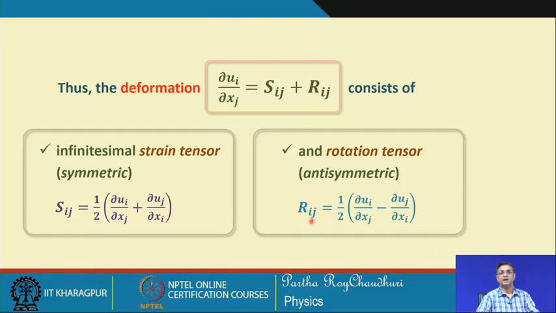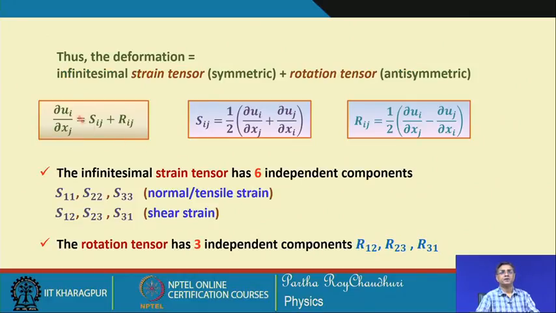And for this R i j, these will be the elements of the rotation tensor. We will see that this is antisymmetric, because theta x in the off diagonal positions will be minus theta x. So, the deformation can be expressed as this infinitesimal strain tensor and an infinitesimal rotation tensor, represented by these two matrices.